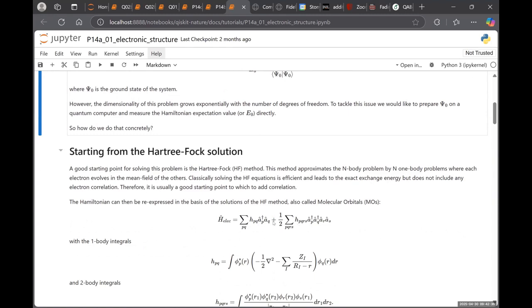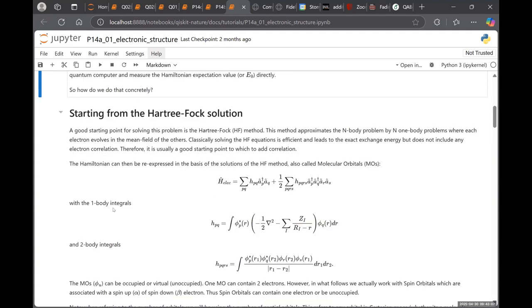So a dagger a, imagine it's like annihilating from q. q could be a momentum, orbital, or position. So you annihilate from q and make it appear in p, so it's hopping. And this is the interaction term. You can imagine you have an electron coming in with s, another comes with r, and they sort of interact and go out as q and p.